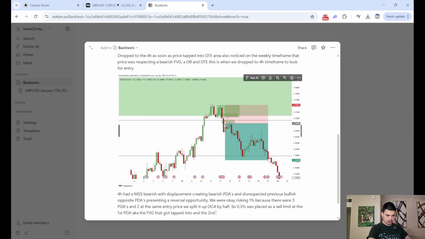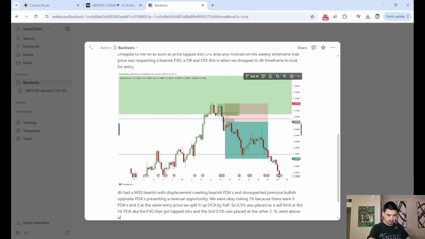The second 0.5% was placed at the other 2, period. Stop loss went above all 3 PDAs and take profit set at 1 to 2 R.